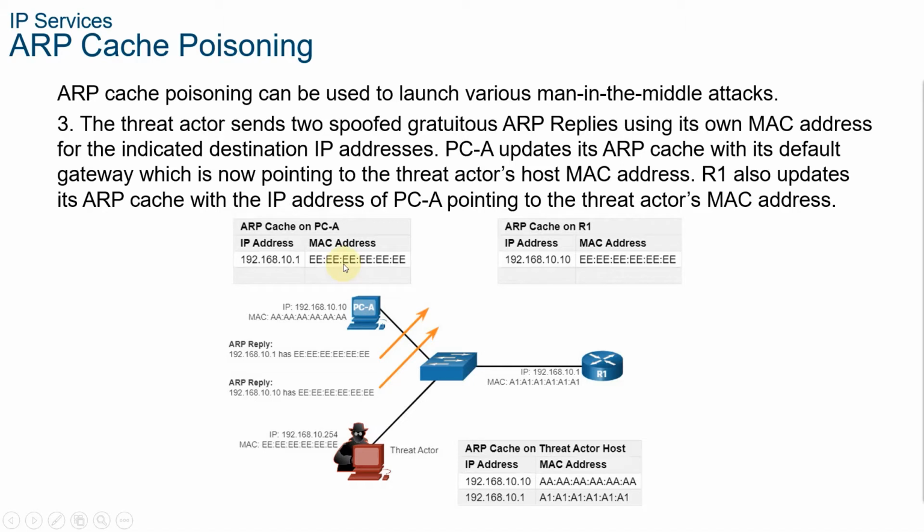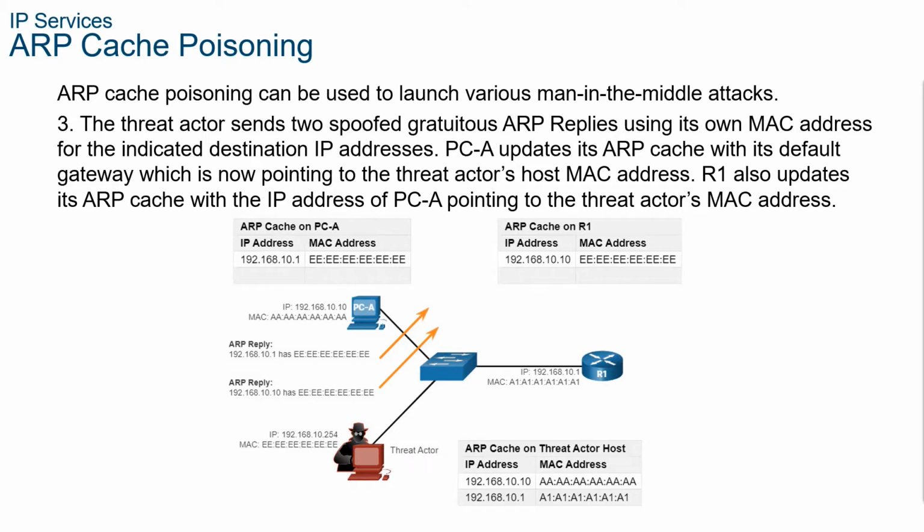Alright, so how about if there would be spoofed gratuitous ARP replies? So in the figure, the threat actor sends two spoofed gratuitous ARP replies using its own MAC address for the indicated destination IP address.